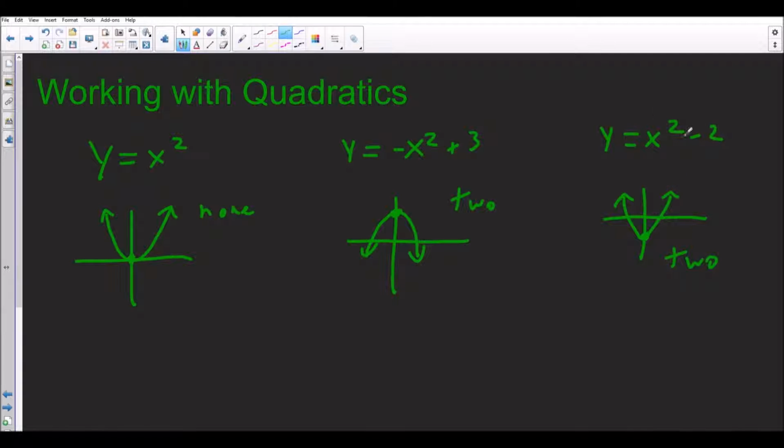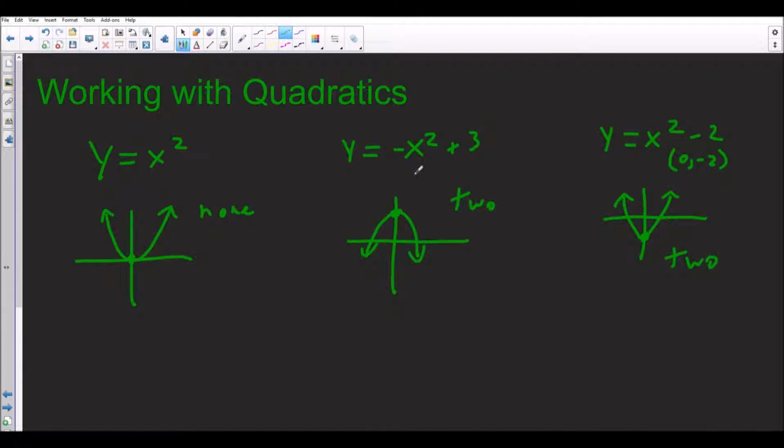So basically all I'm doing is looking at these and saying, okay, well there's no P, so then the vertex value for the x is just going to be 0. And then our Q is negative 2, so it's going to be 0, negative 2 for the vertex. Then I just look to see what the sign of A is. And if there's no A, the sign is just positive, so it's opening upward.